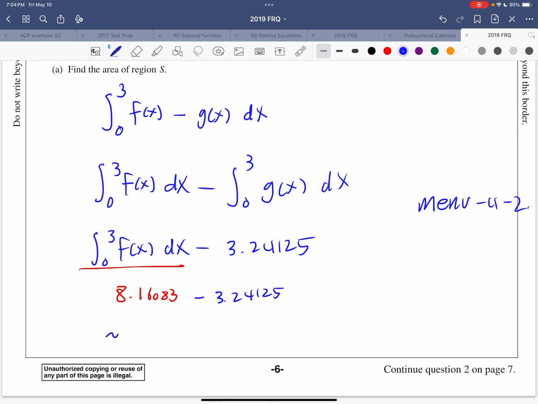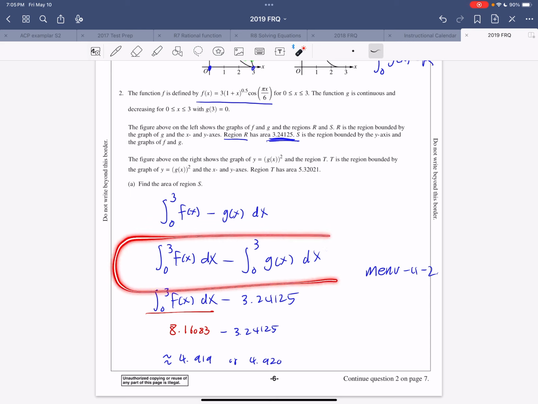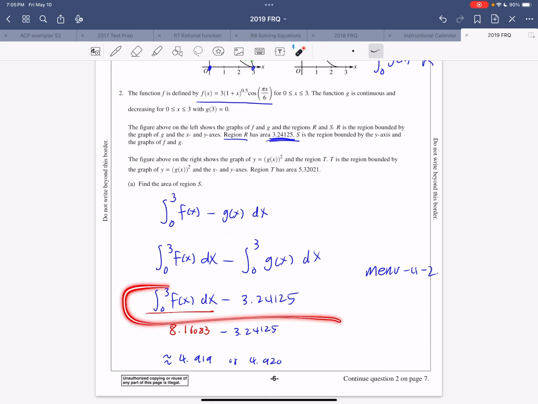And when you do it, this one is going to be 4.919, or you can put 4.920, whichever you want. Just make sure you show at least this one, and then this portion and then this right away, okay? It's going to be about 3 points, I believe, when you actually do this question.